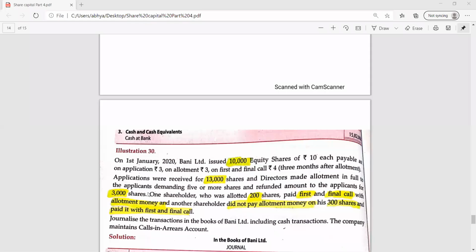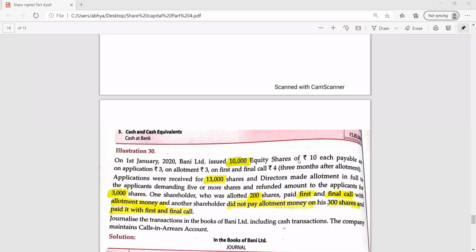I am waiting for your answers. In the first 2 entries, you just receive the application. Even the third entry you can also do, because in this entry there is no treatment for calls in arrear or calls in advance.